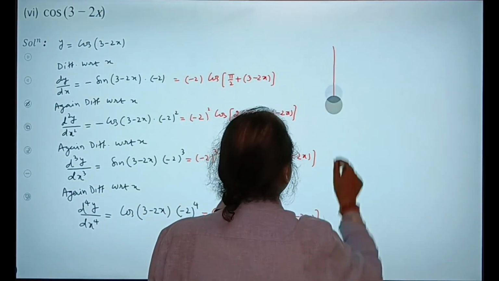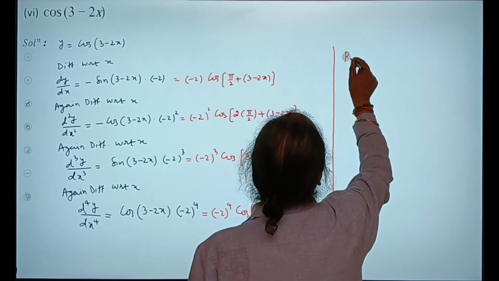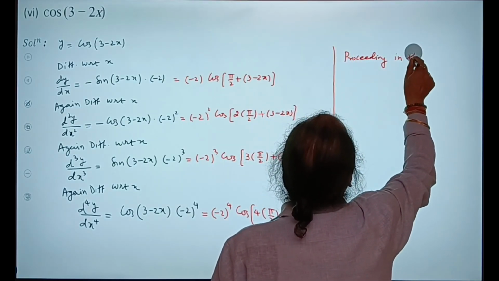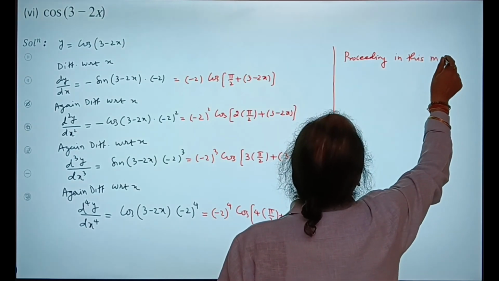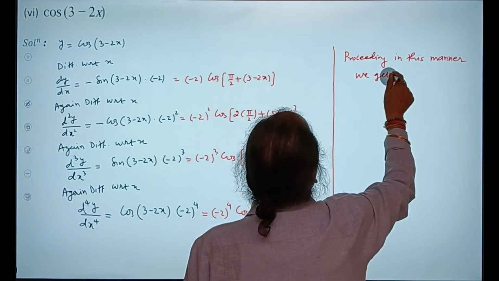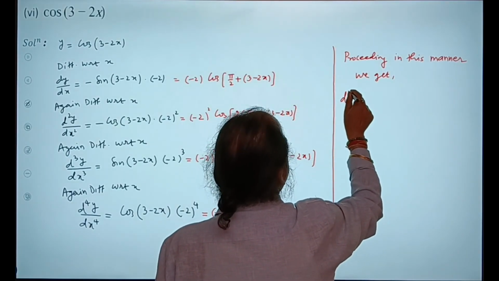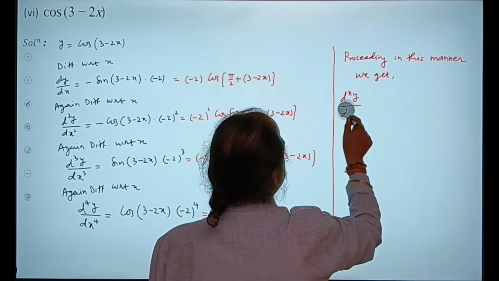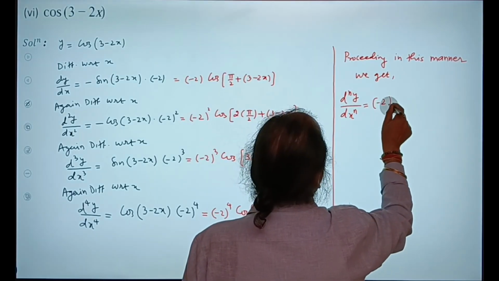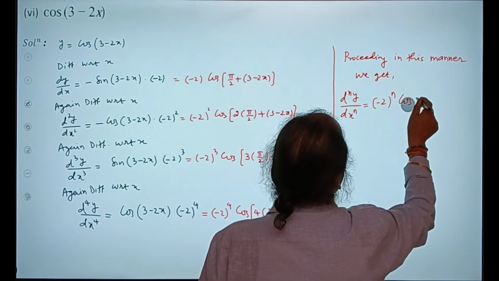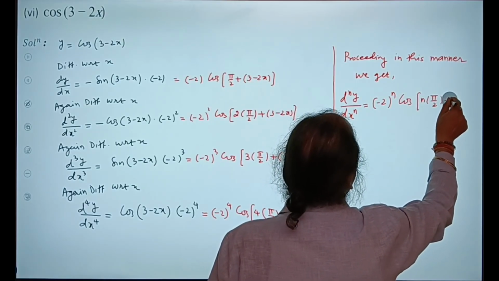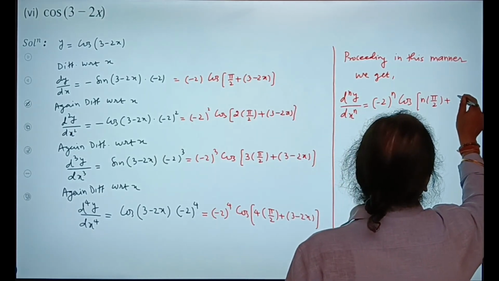So proceeding in this manner, we get nth order derivative of y will become what? Minus 2 raised to n into cos of n times pi by 2 plus 3 minus 2x.